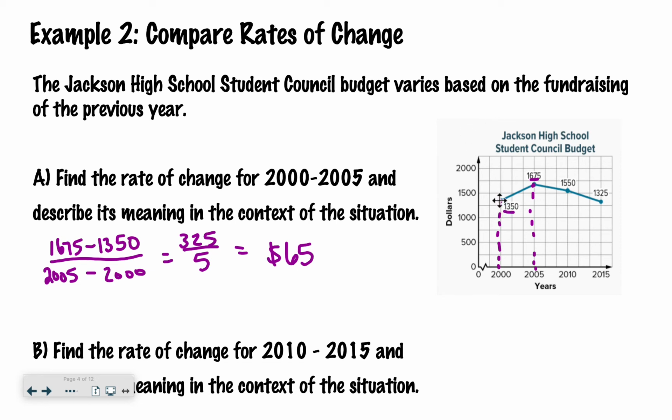And if we look, it's going up, right? It went up to 1675 from that 1350. So that means each year, this is how much it increased from 2000 to 2005. Their budget, that's what I mean by it, sorry. The budget went up $65 every year.